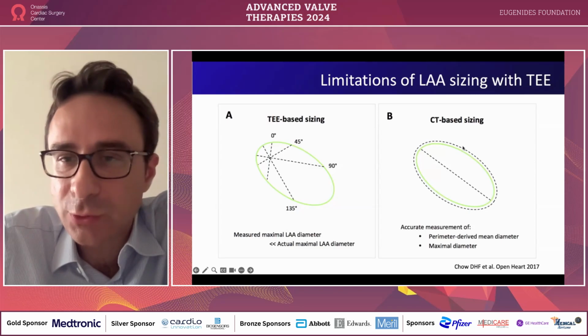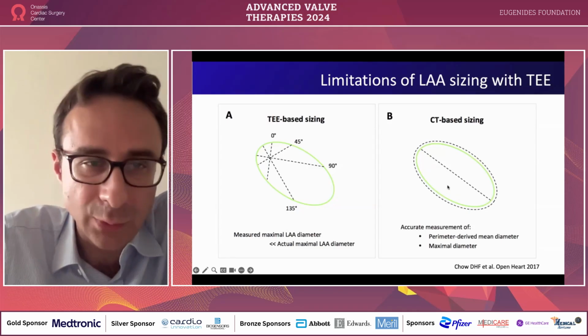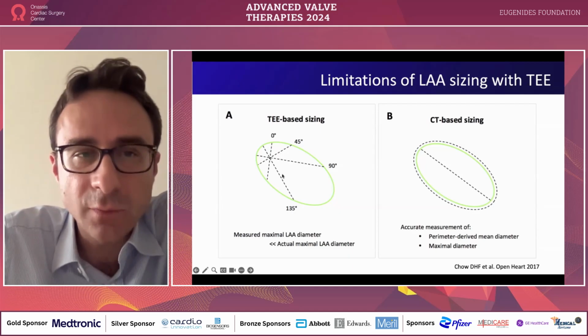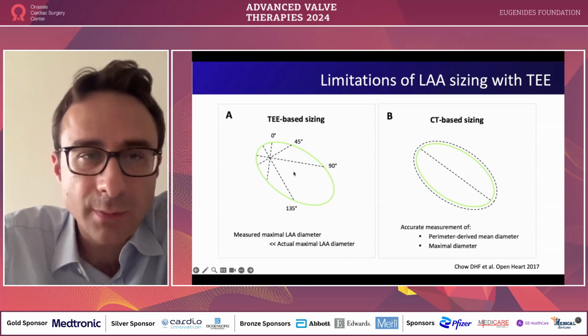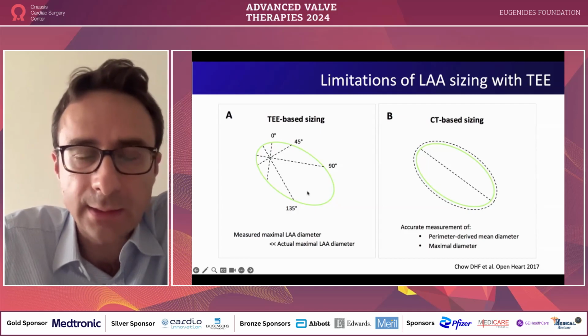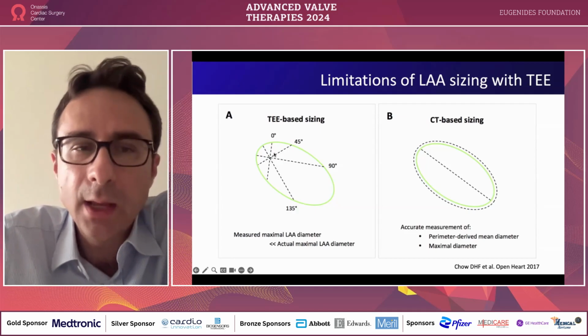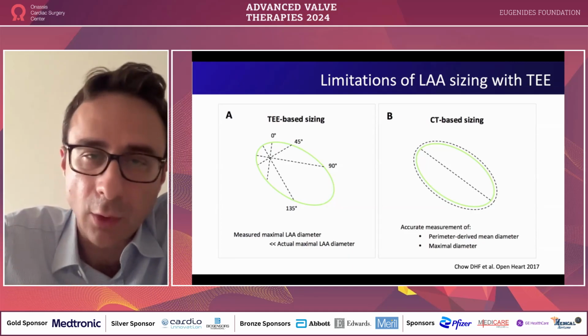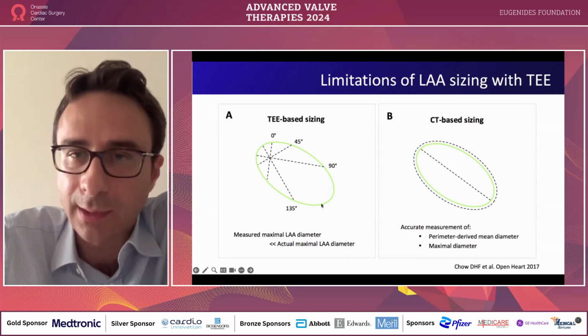Ideally, the CT scan should be performed in all our patients. We know that logistically this is not easy, but here you can see that even if we take all the measurements in all the suggested views at 0, 45, 90, and 135 degrees, we can miss the maximal diameter at both levels, at the ostium level and at the landing zone level.